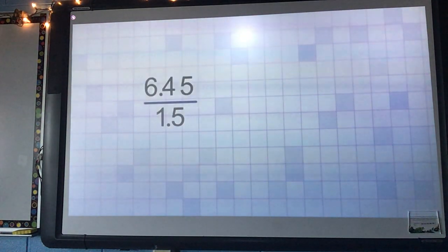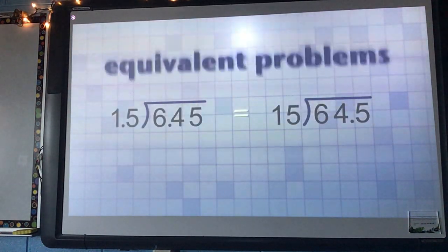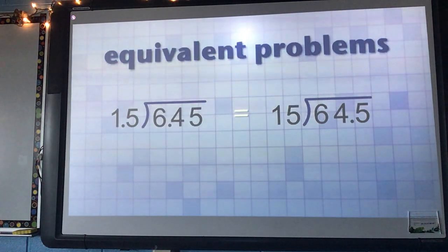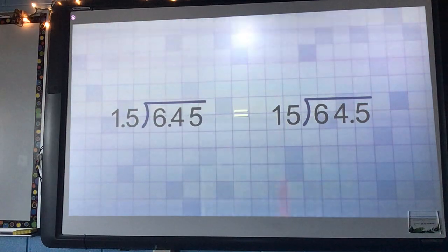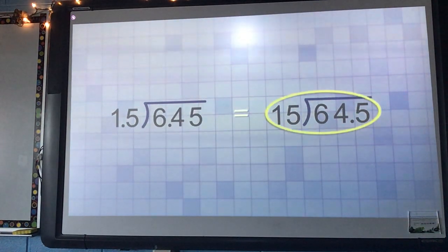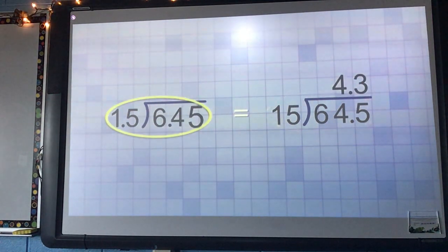We multiplied each number by 10. And since fractions and division are basically the same, we made equivalent division problems. But now, one of them has a whole number divisor. Pretty cool, huh? That means if we solve 64.5 divided by 15, we get the answer 4.3, which is exactly the same answer we would get if we did 6.45 divided by 1.5.